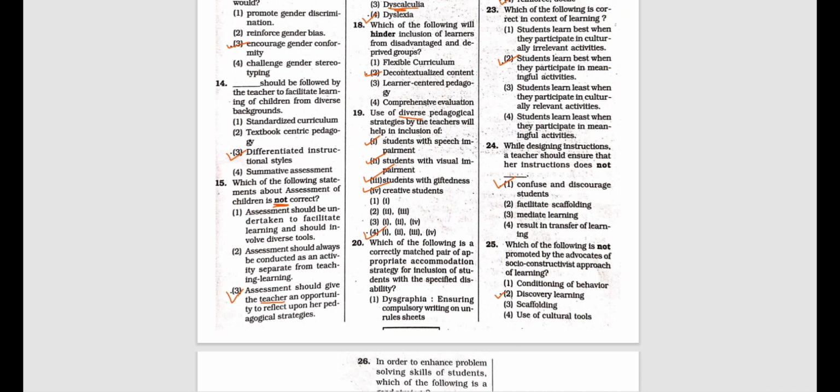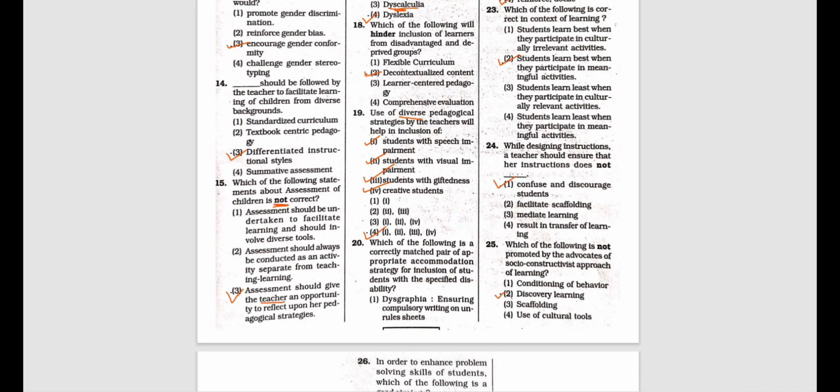Now the characteristics of the socio-constructivist approach are: it emphasizes collaboration with others for learning, it ensures the active involvement of learners and promotes peer tutoring, it allows learners to foster their own strategies of learning to perform an activity, and it views learners as makers of meaning and creators of knowledge through social interactions.